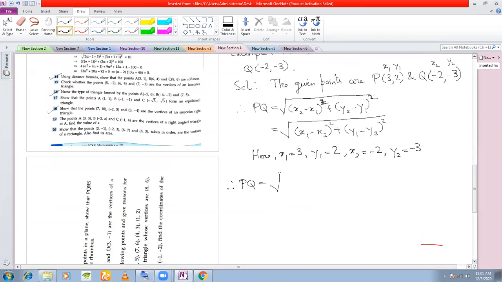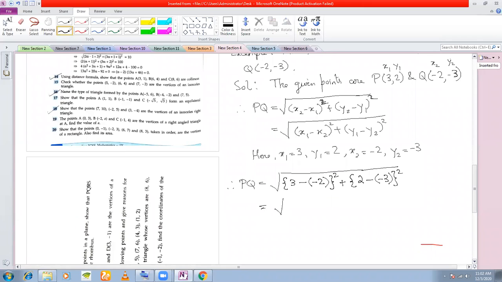Therefore distance PQ is root over of x1 minus x2, so x1 is 3 minus x2, x2 is -2. See that I've written x2 with the sign. (x1 minus x2) whole square plus y1 minus again y2 with the sign, whole square.